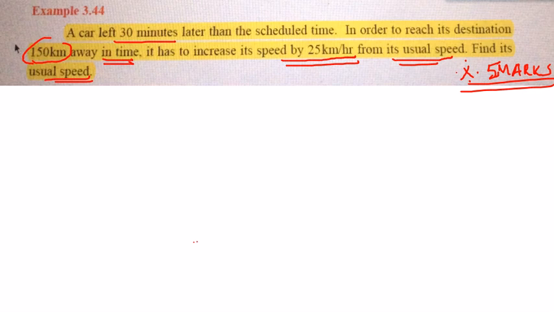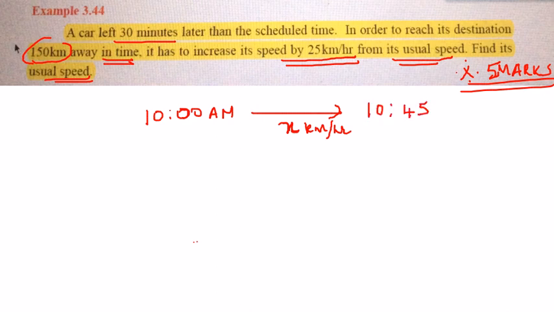So, for example, every day if he's starting at 10 a.m., he reaches the destination traveling at a speed of say x kilometers per hour at say 10:45 every day, just for example.